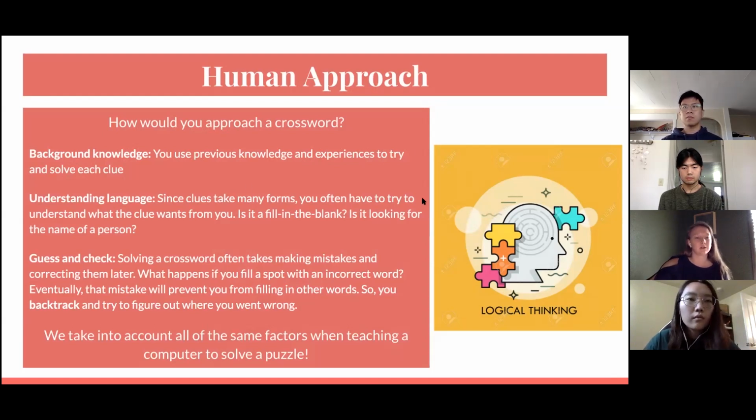And third, guess and check. A lot of times we'll make mistakes when solving crosswords and correct them later. If you fill in a spot with an incorrect word, eventually that mistake will prevent you from filling in other words. So you have to backtrack, which we'll talk about a little later, and try and figure out where you went wrong. We take into account all these same factors when we're teaching a computer to solve a puzzle.